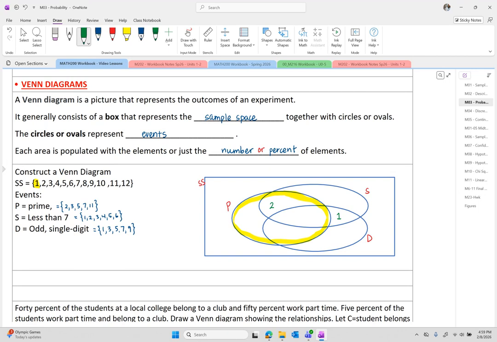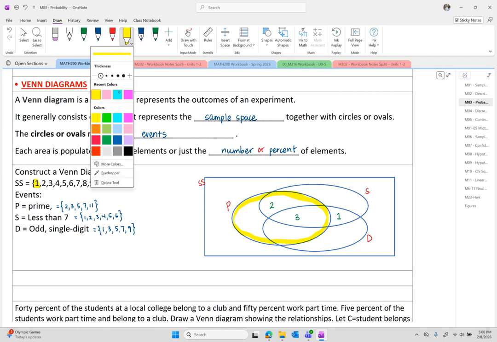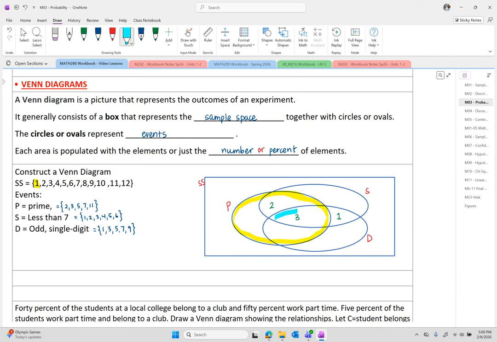So we will place it in the intersection of all 3 of them. Let me highlight this intersection with a blue. This is for numbers that are odd, single digit. They are also numbers less than 7, and they are also prime. They have all 3 categories.